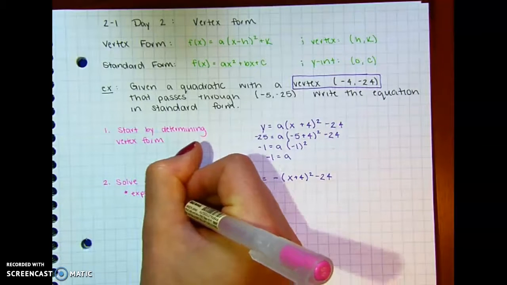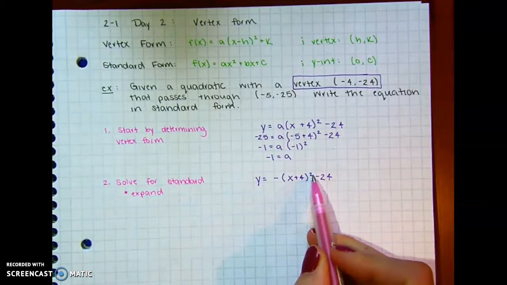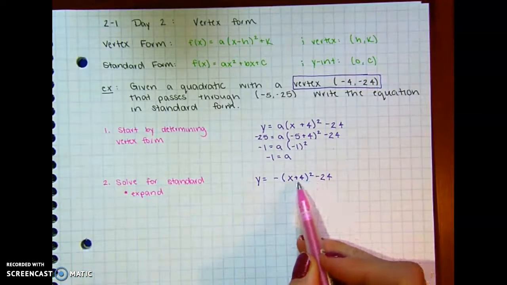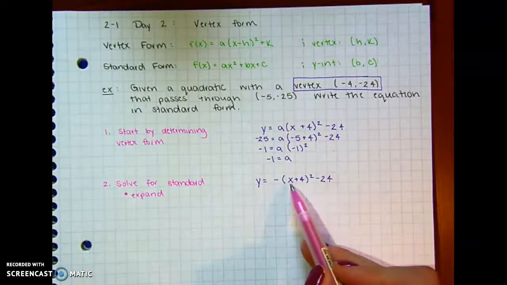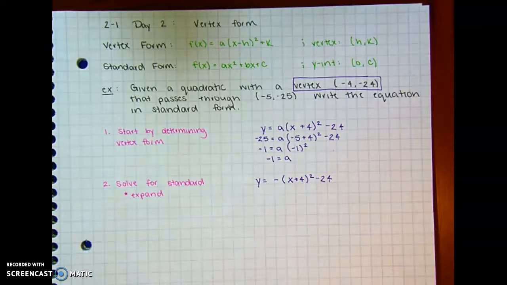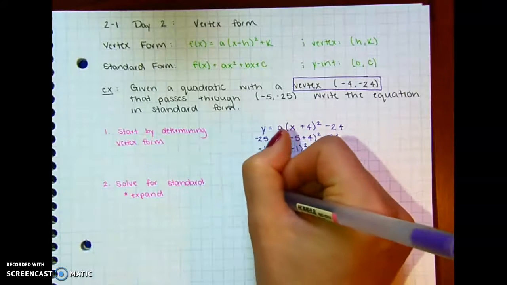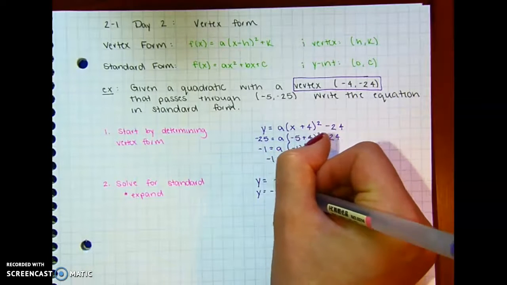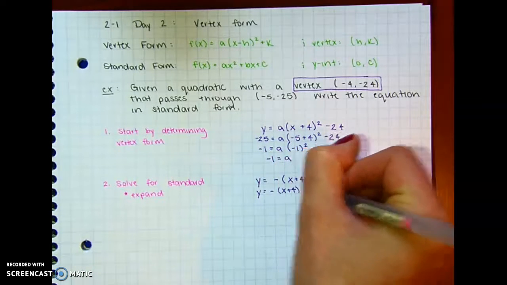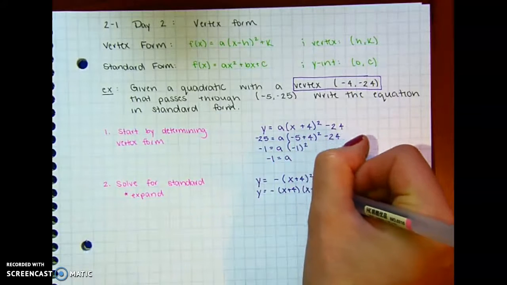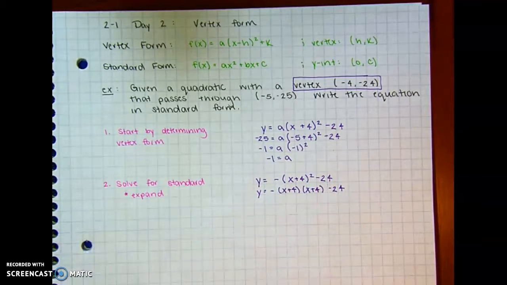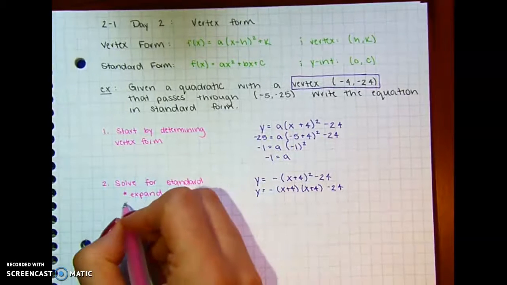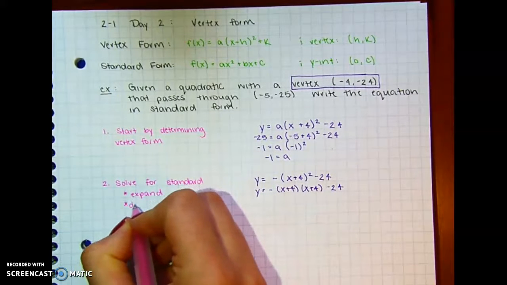What I mean by that is if this is being squared, that means we have to write (x plus 4) times (x plus 4). It is not the same as x squared plus 16. So please make sure you expand. That is a very, very common mistake that students continue to make throughout all of high school, really. Okay, so we expand, and then we're going to double distribute.